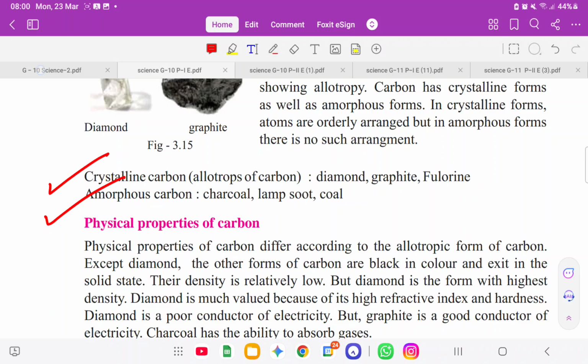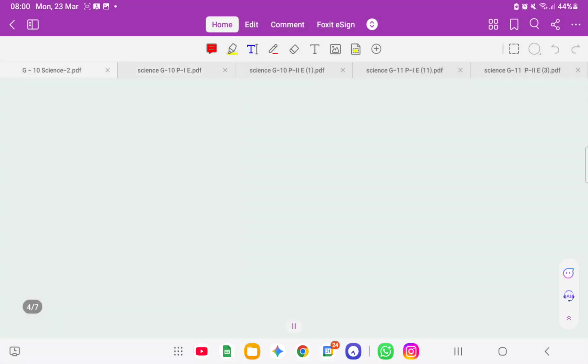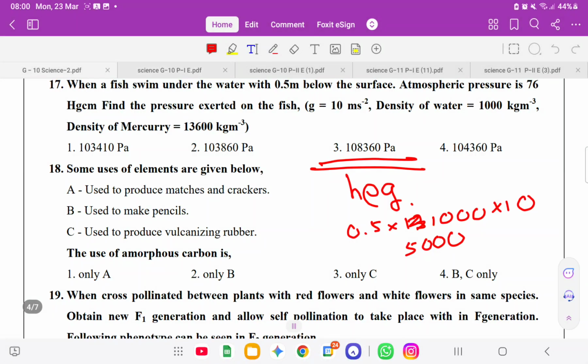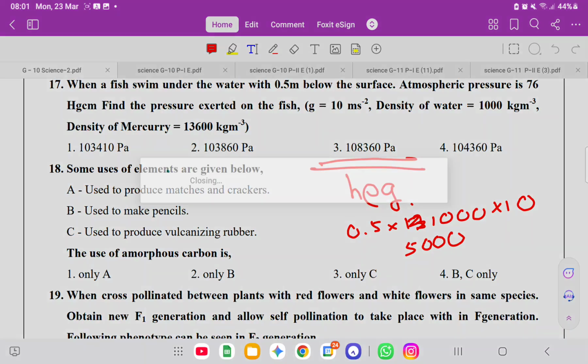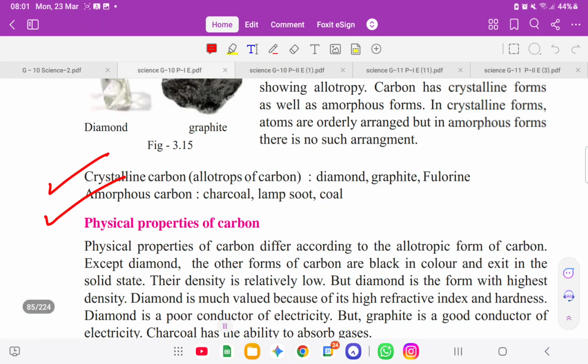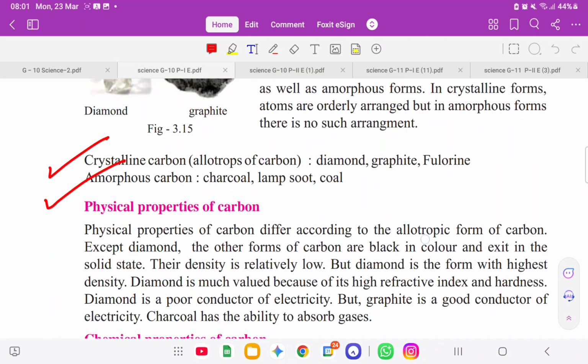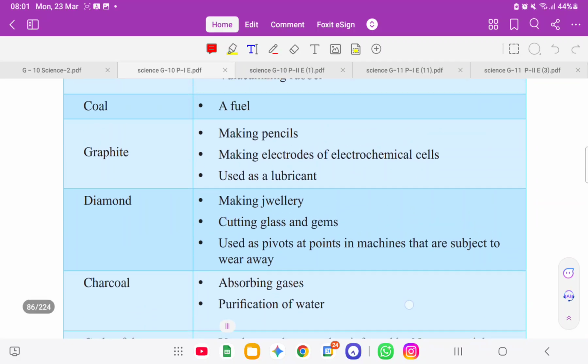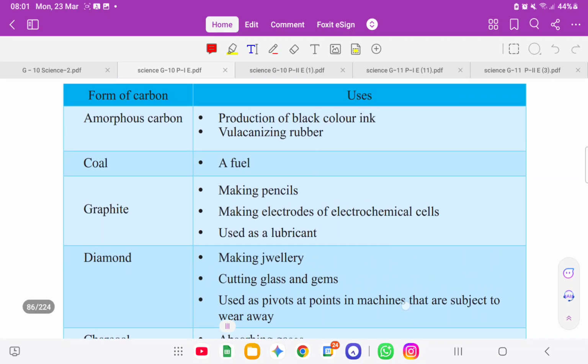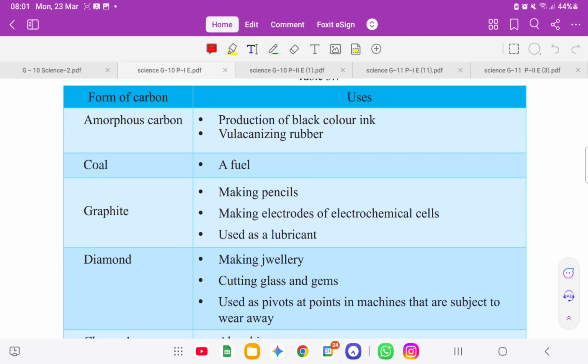So then the question again: produce matches and crackers, used to make pencils. Coal, amorphous carbon is used to make black color. It's used to vulcanize rubber.